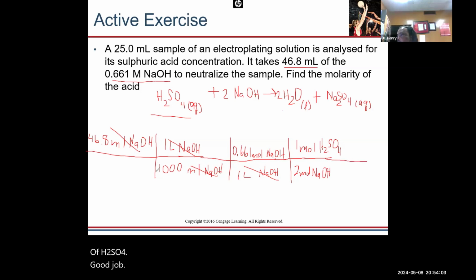Okay, and so that's going to give us our moles. Go ahead and calculate that.